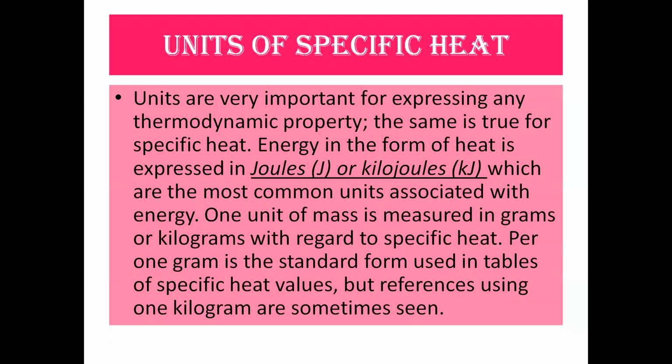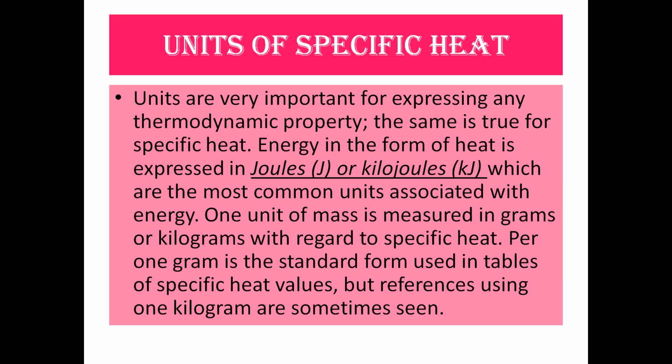For any term, there are units to express it. For specific heat, units are very important for expressing any thermodynamic property, as I have said before. The same is true for specific heat. Energy in the form of heat is expressed in joules or kilojoules, shortly denoted by J and kJ, which are the most common units associated with energy.